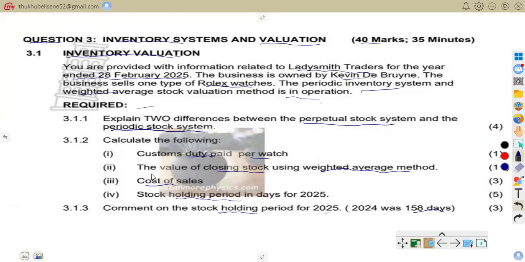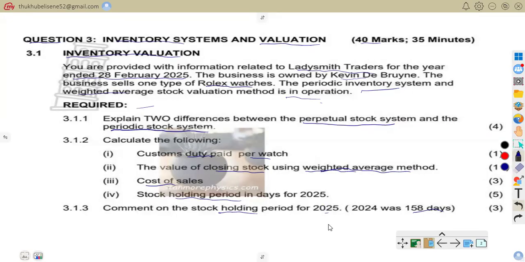So the other question says calculate the value of closing stock using weighted average. So as we are done with the custom duty per watch, now we are to calculate the closing stock using weighted average.